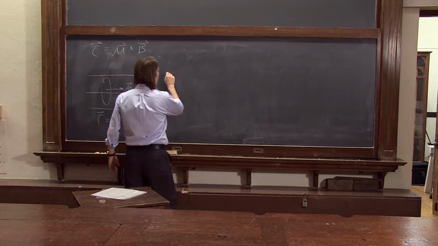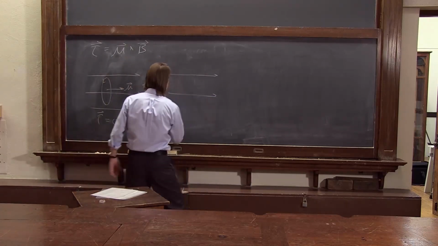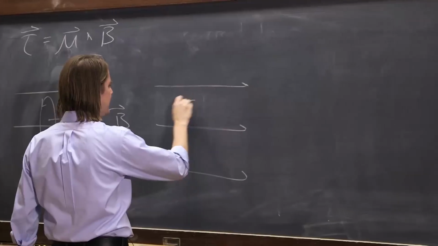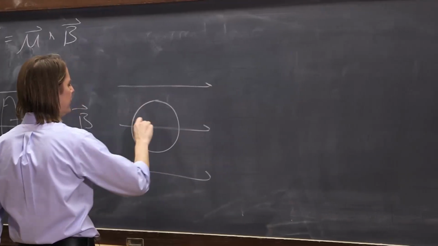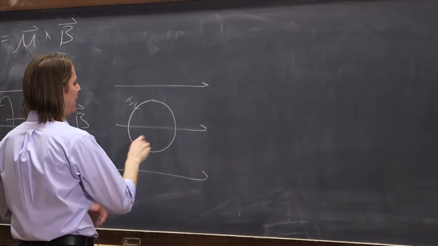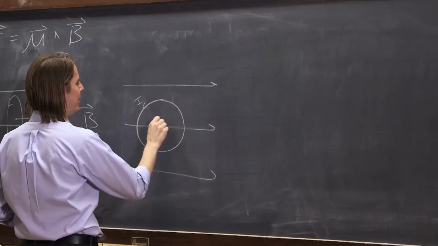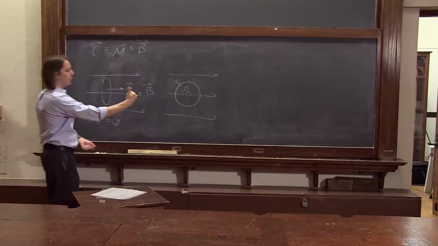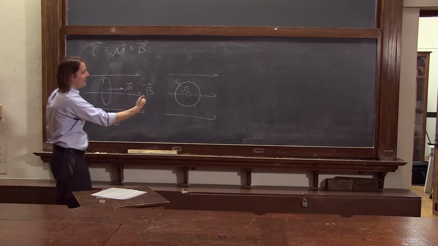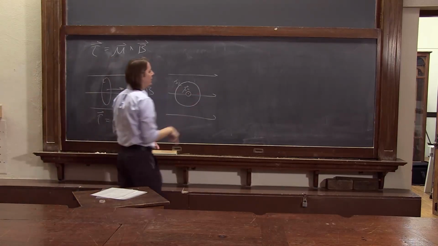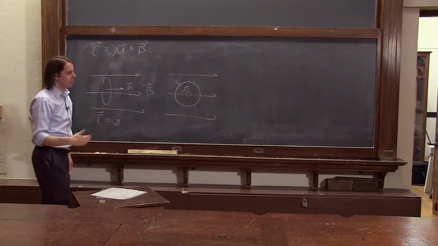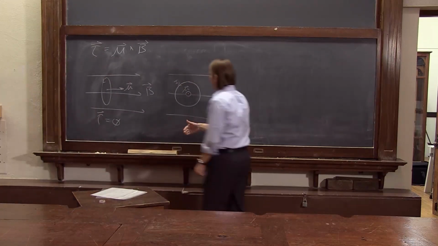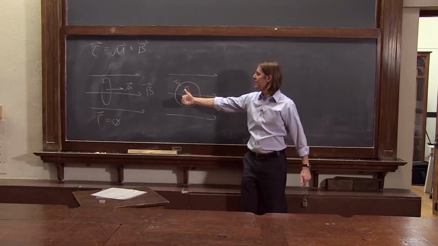We could also think about, again, the case where it's in the plane of the board. Current's going around like that. I know that because I'm going to draw the moment as sticking out. Right? Current's going around, right-hand rule says the moment is sticking out. The B field is that way. We do have a torque. Which way? Mu cross B. So mu is out, B is to the right.